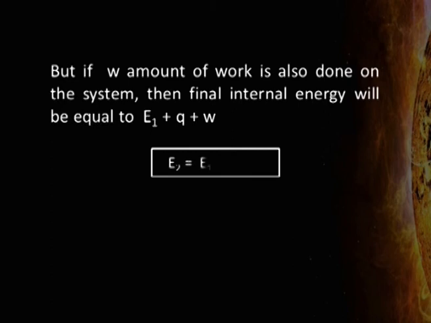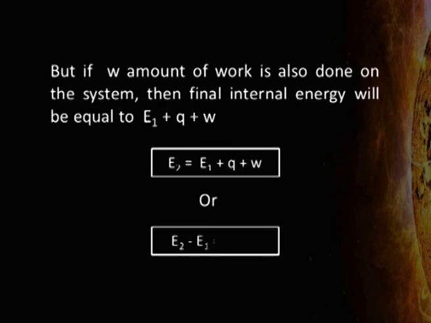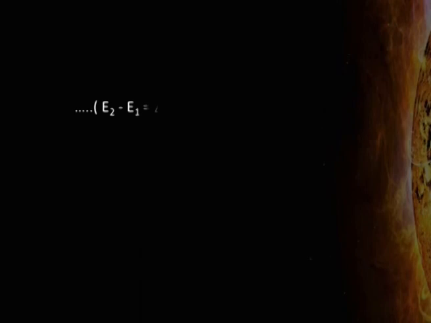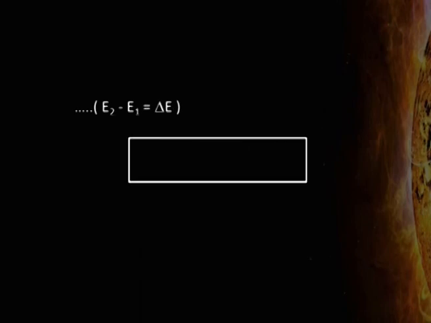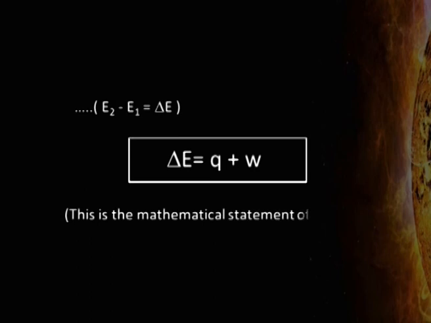Therefore, E2 will be equal to E1 plus Q plus W, or we can say that E2 minus E1 equals Q plus W. This E2 minus E1 is the difference between the final internal energy and initial internal energy, that is, it is equal to delta E. Therefore, we get delta E is equal to Q plus W. This is the mathematical statement of first law of thermodynamics.